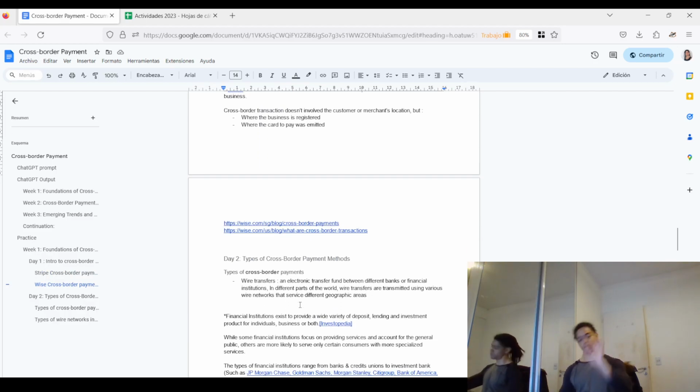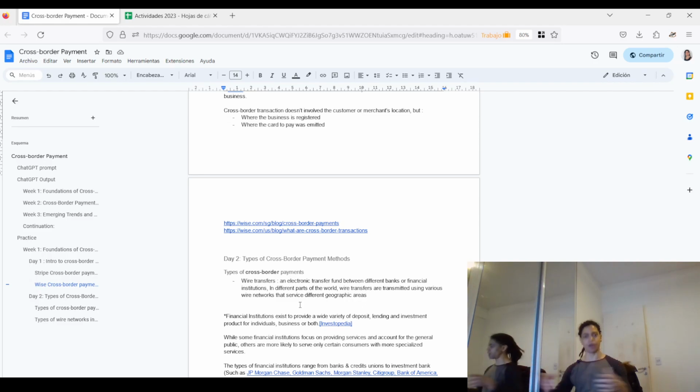So first, wire transfers. These are electronic transfers of funds between banks or financial institutions, and this is something important to understand. Investopedia described that these financial institutions solely exist to provide a variety of deposit, lending, and investment products for businesses, consumers, or both.